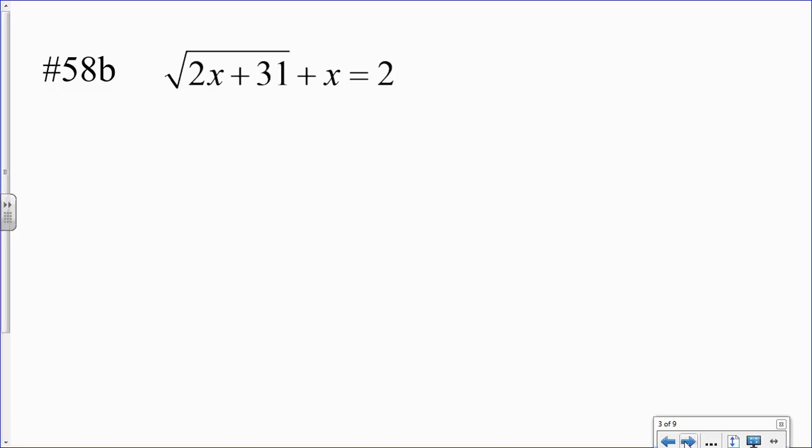So you want to get the radical by itself. Get the radical by itself first. So I have to subtract x. And then square both sides.